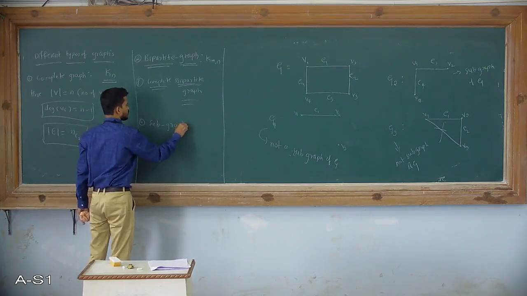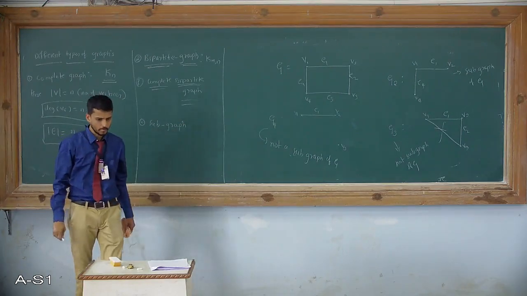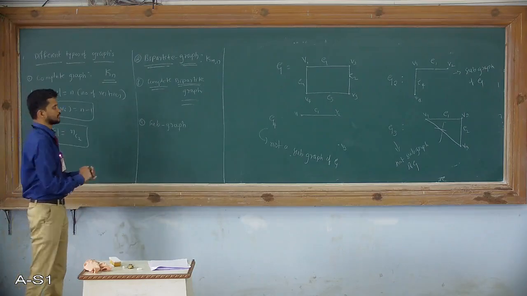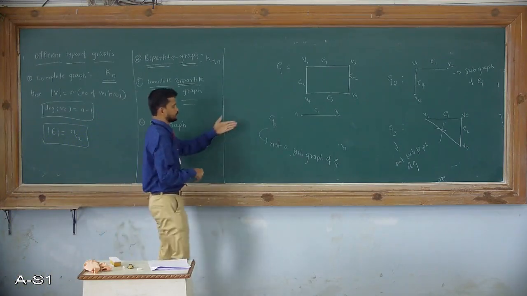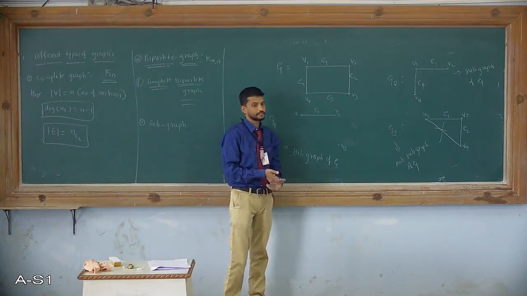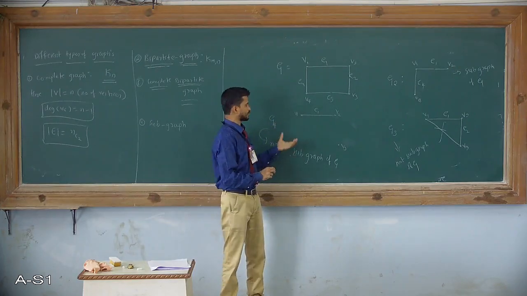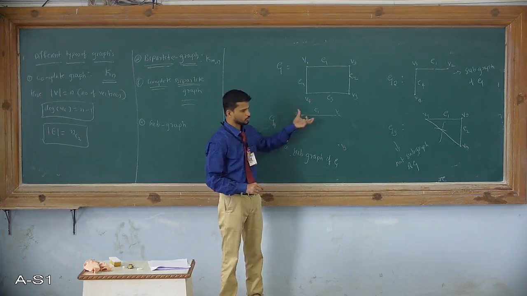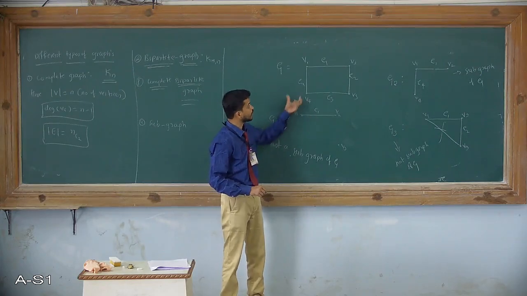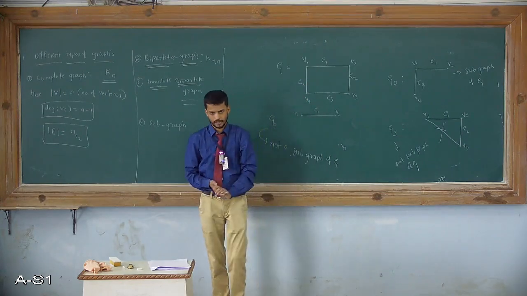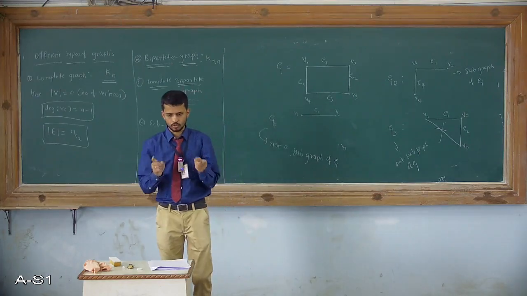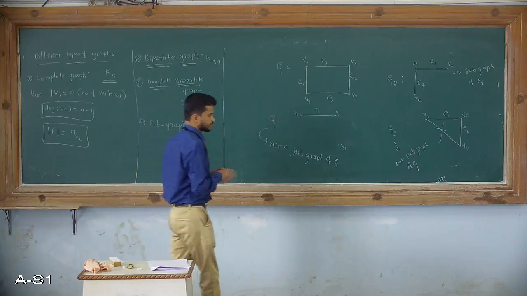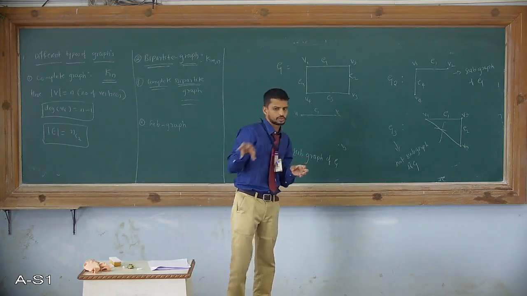Now I will define the theoretical definition. A graph G4 is a subgraph of G if the vertex set and edge set of G4 are subsets of those of G. Not only the subset, but adjacency must also be preserved. Adjacency carries over from G to G4.